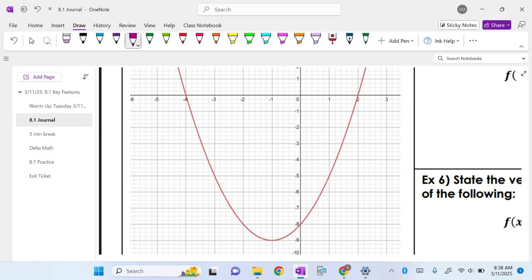Do you think it's going to be the highest point on the graph or the lowest point on the graph? It's the lowest, so it's going to be a minimum. So in this case, the vertex is going to equal a minimum. So we're looking for the lowest point on the graph. Look at your graph and find where the lowest point is.